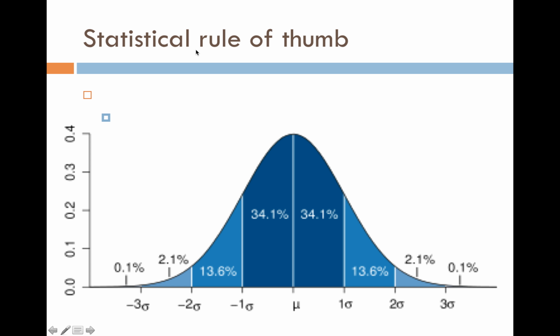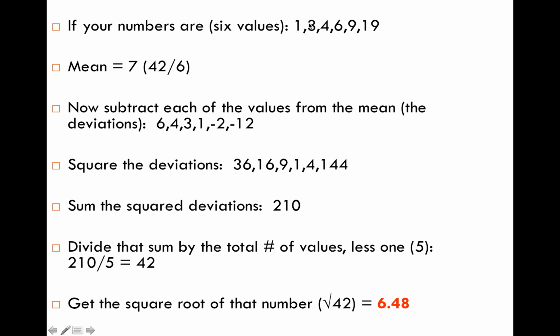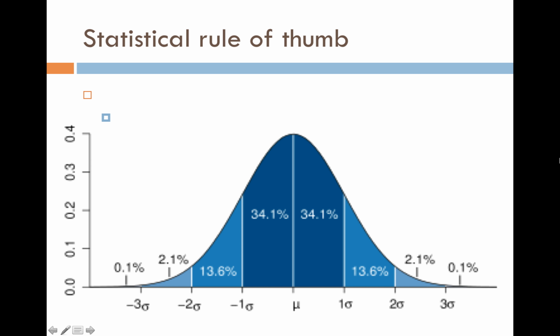The statistical rule of thumb is that if you go out one standard deviation from the mean in a normal distribution like this, you are capturing 68.2% of the scores. So you can explain and calculate them with just the mean and the standard deviation. You don't have to have a whole bunch of data and do a bunch of things. You have it here.